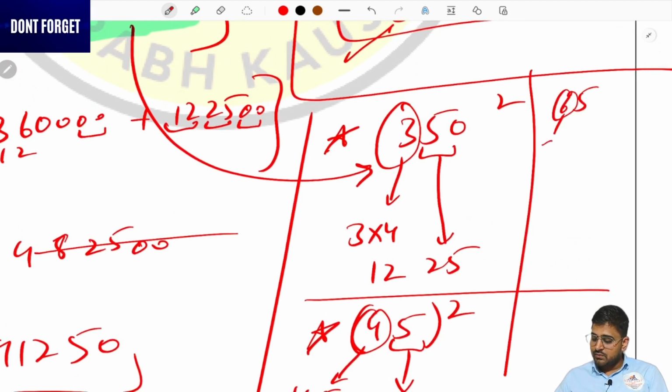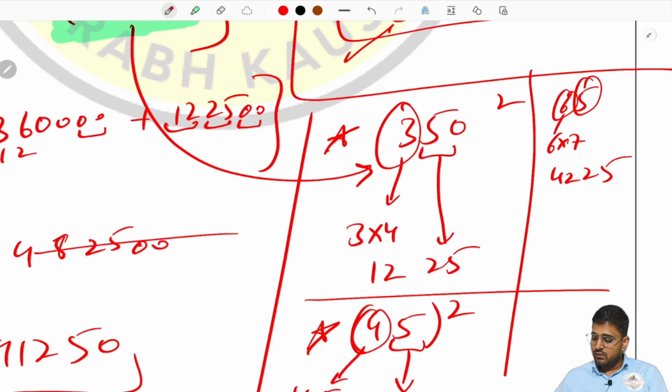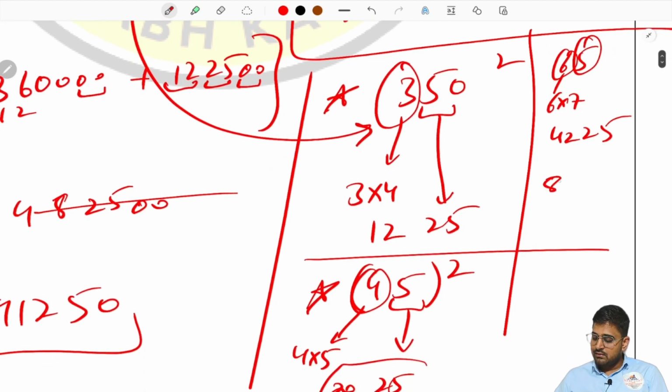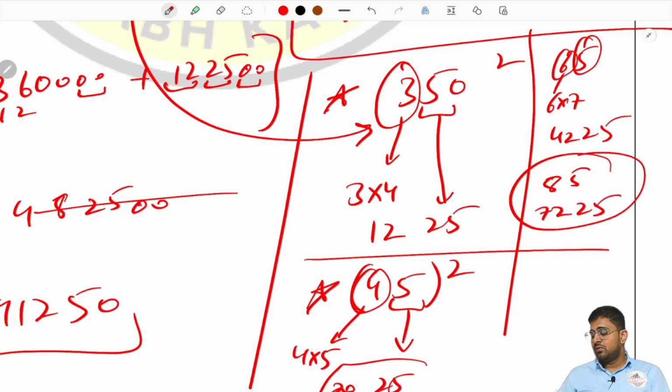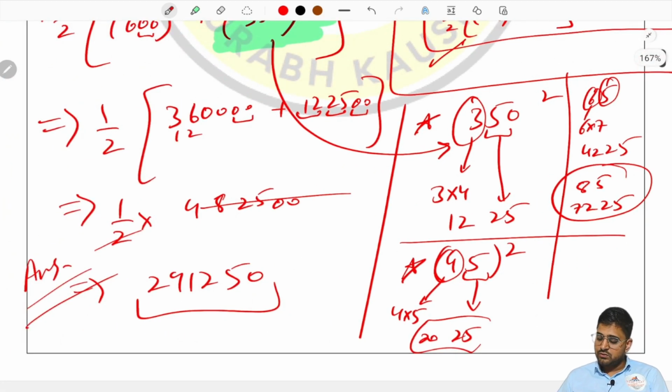Just take the next number, 6 into 7, 42, and then the square 25. Take 85: 8 into 9, 72, 25. So this is the basic trick. It's a basic trick. Try to remember this, write it down. It will help you to solve this kind of question very quickly. I put it under miscellaneous.